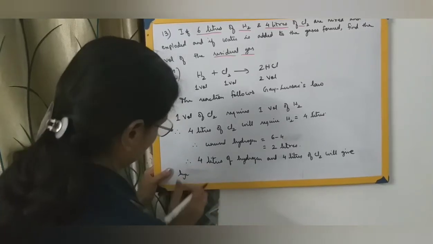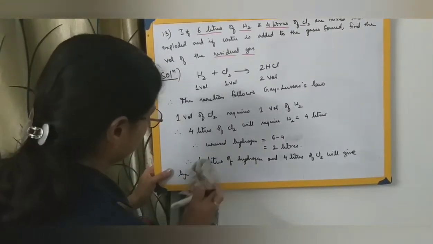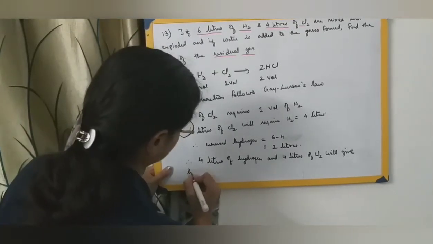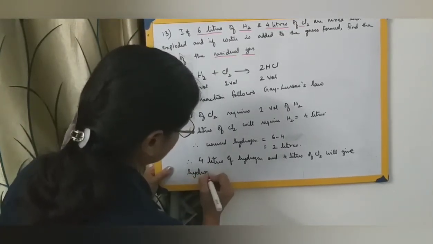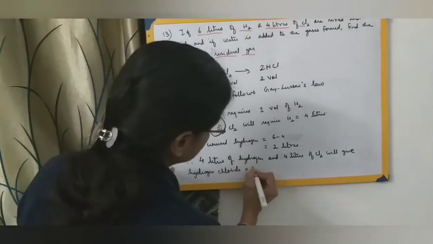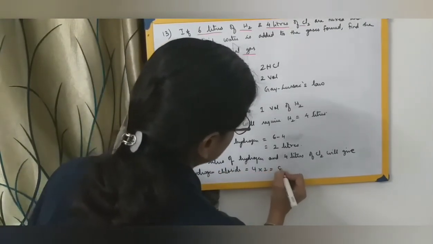First it forms hydrogen chloride, then hydrochloric acid. So it will give hydrogen chloride equal to 4 into 2, that is 8 liters.